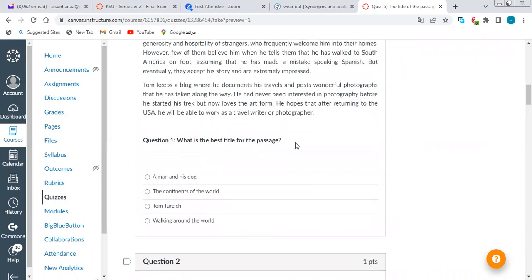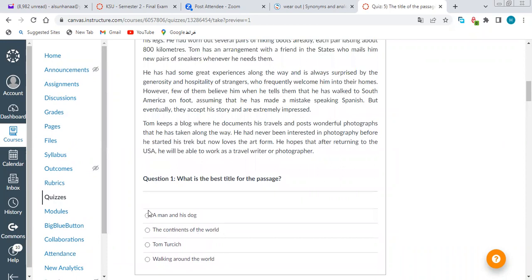What is the best title for the passage? A Man and His Dog, The Continents of the World, Tom Tursish, Walking Around the World. I don't want you to restrict yourself to the idea of one paragraph. I need the best title for the passage, or the main idea of the entire passage.